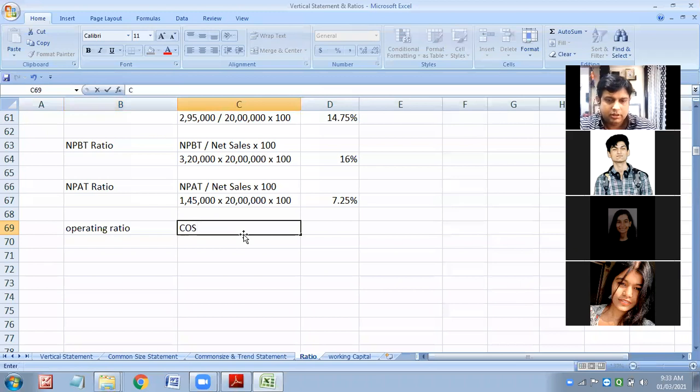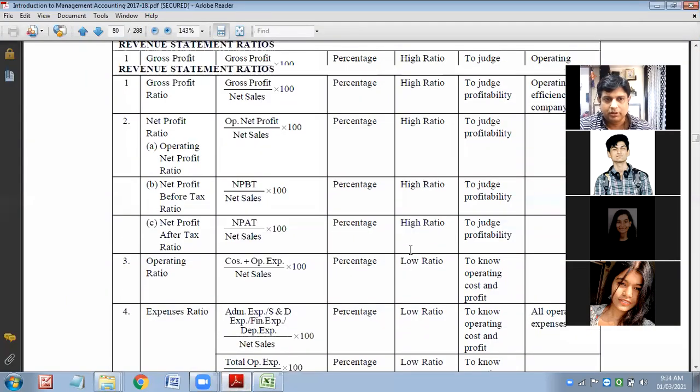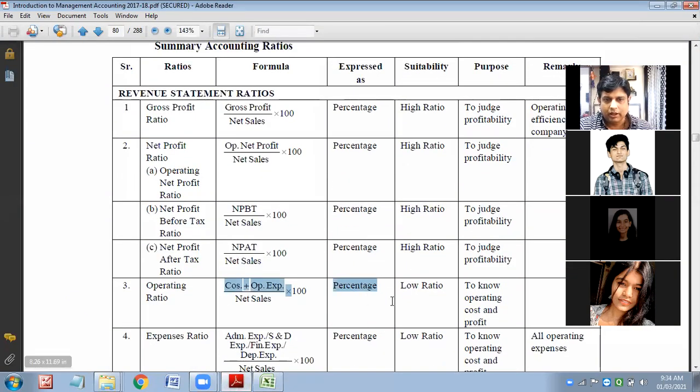Cost of sales plus operating expense divided by net sales. See, that is why I'm faster than you guys. Because you don't know these formulas. मुझे पता था इसके बाद ये है. Until you are thorough with the formulas, it is difficult for you to manage.